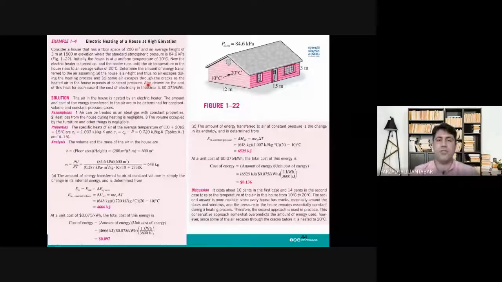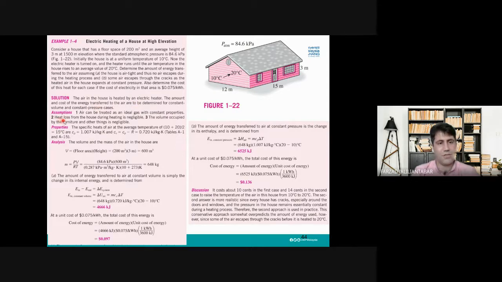We are also interested to determine the cost of this heat for each case if the cost of electricity in that area is $0.075 per kilowatt hour. Okay, let's first solve part A of this problem, which is a constant volume heat transfer process actually.